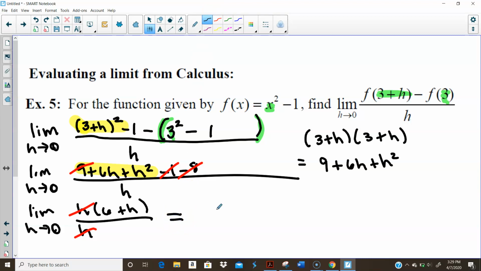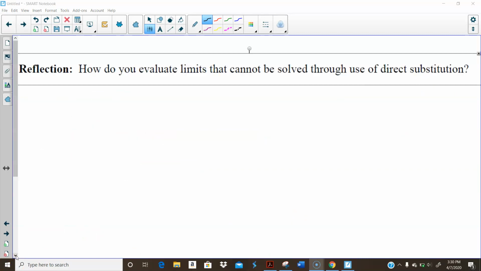So the limit is going to be equal to 6 plus 0, which is equal to 6. So the limit as h approaches 0 of this function is equal to 6.